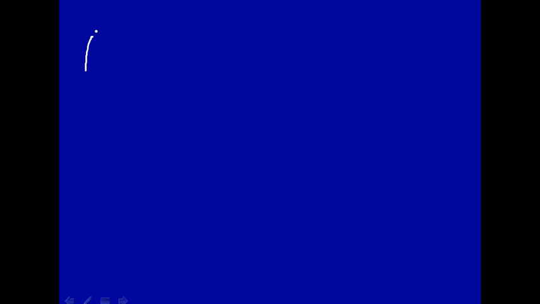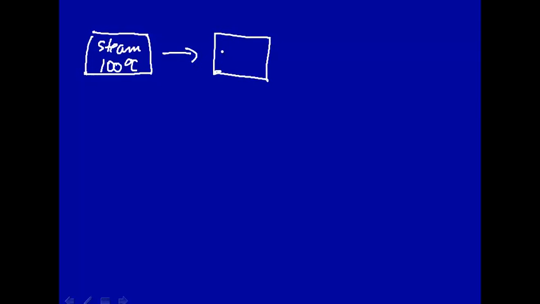A picture is sometimes useful. We're going to start with steam at 100 degrees C, and condense that into a liquid at 100 degrees C, and then cool that liquid down.